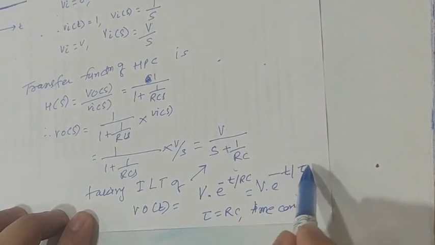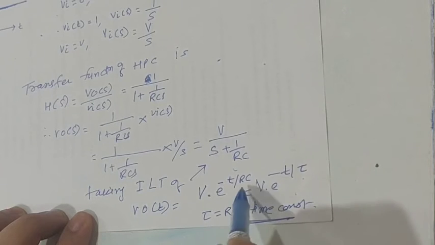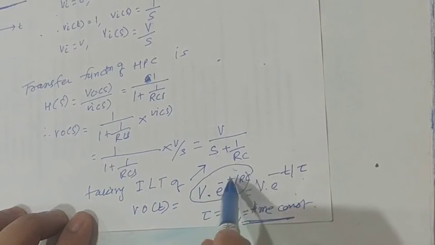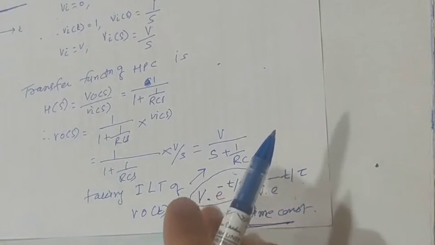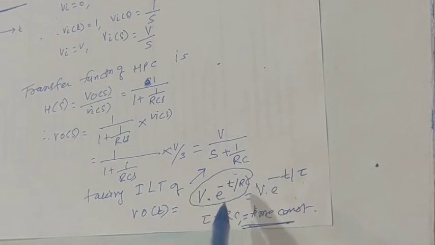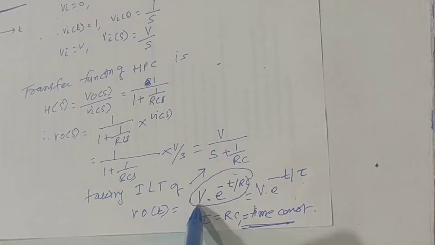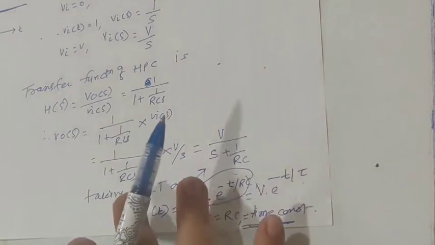So either you can write RC here, or you can replace it by tau. The expression represents that the output is exponentially decaying. At the initial stage the output is equal to the input, and then it will exponentially decay.